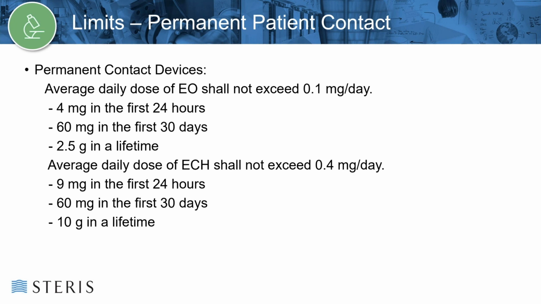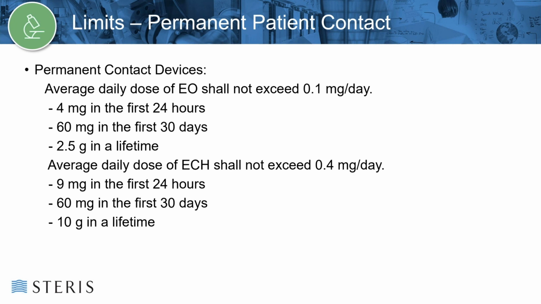Prolonged patient contact devices cannot exceed 4 milligrams of EO and 9 milligrams of ECH in the first 24 hours, and cannot exceed 2 milligrams per day for average daily dose. Additional limits also apply of 60 milligrams of EO and 60 milligrams of ECH in the first 30 days.